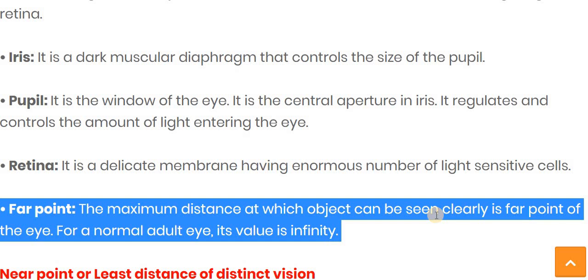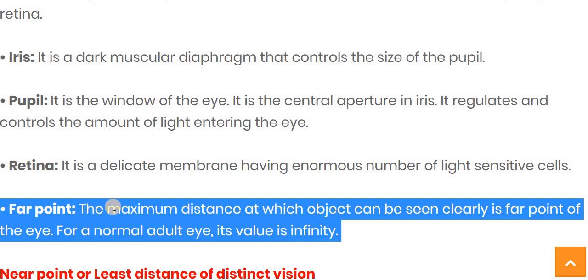So the far point depends on the eye capacity and differs from person to person. For a normal adult eye, its value is infinity. If your eyes are normal, then you can see up to the maximum distance, and that value is infinity.